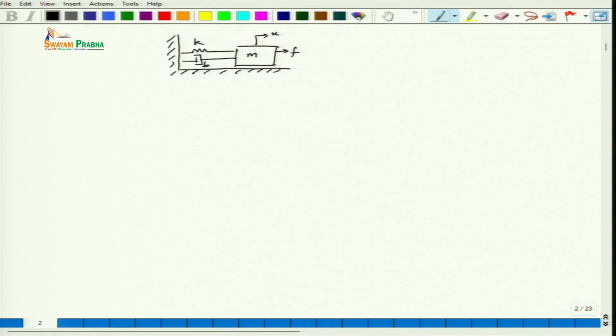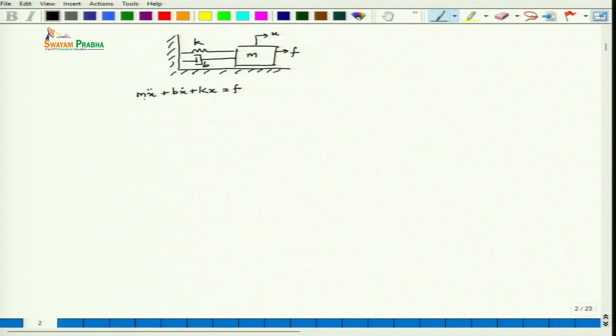So the first thing we'll do to get the transfer function, with F the force as the input and x the displacement as the output, is write down the equation of motion. Here, for the sake of simplicity, x and F are functions of time, but we are just dropping that notation.